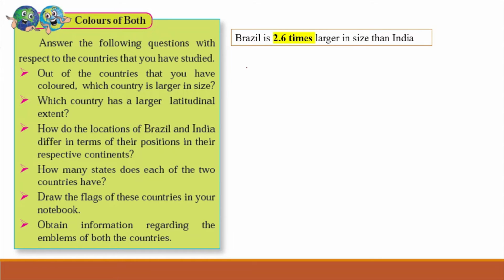I'm giving you an example: if India is 1 square kilometer, then 1 square kilometer into 2.6 will be that of Brazil. So it is 2.6 times larger in size than India.